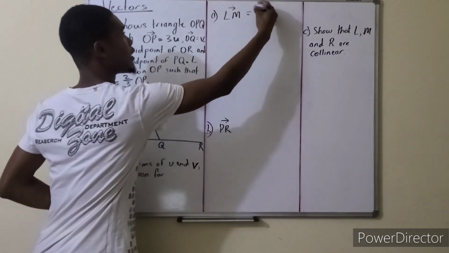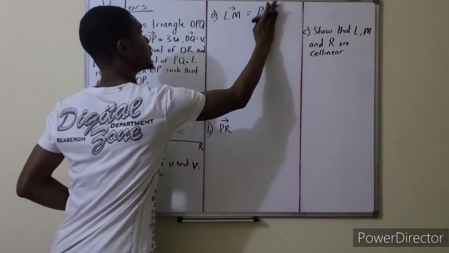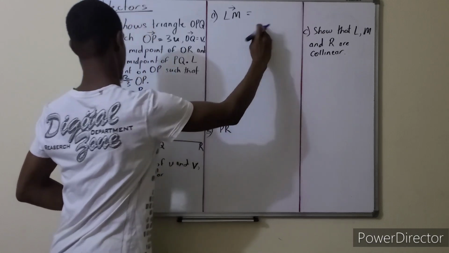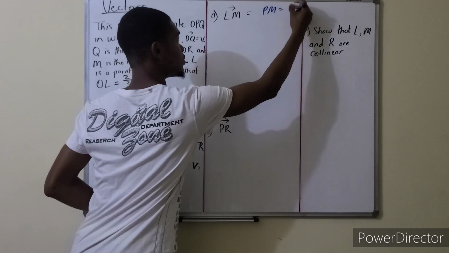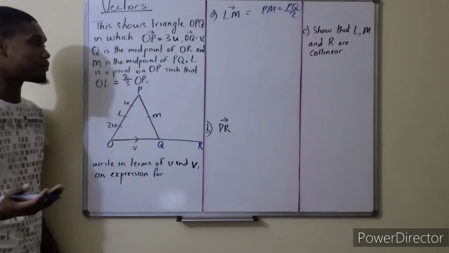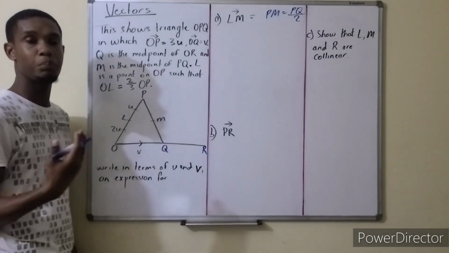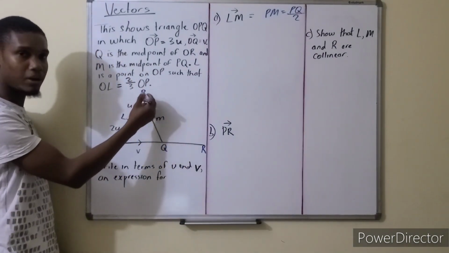First, let's write PM is equal to PQ over 2. So that's what PM is. Now let's figure out what PQ is. PQ, moving from P to Q, traveling the path you know.